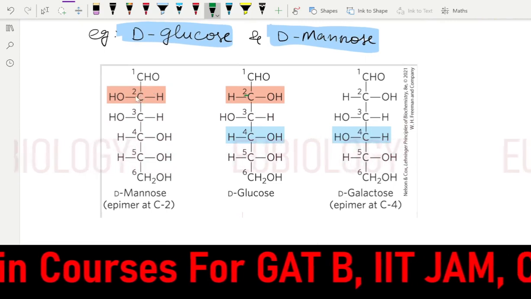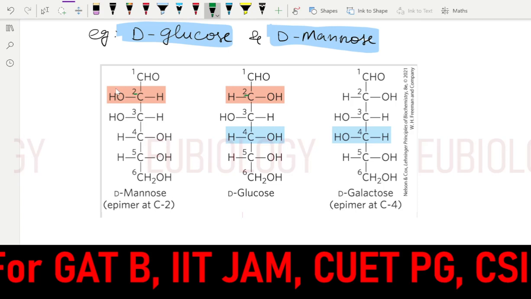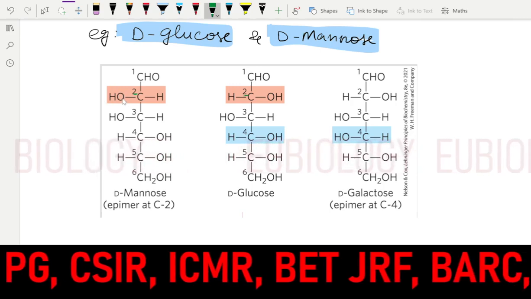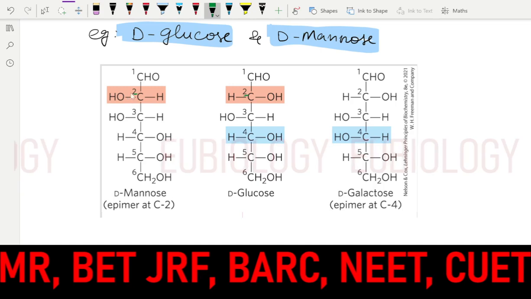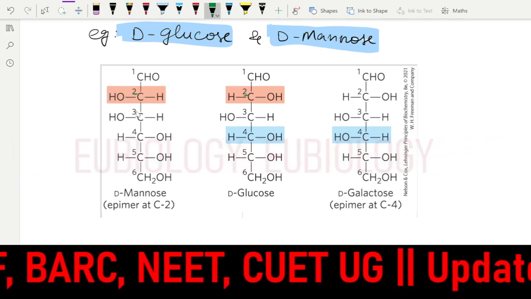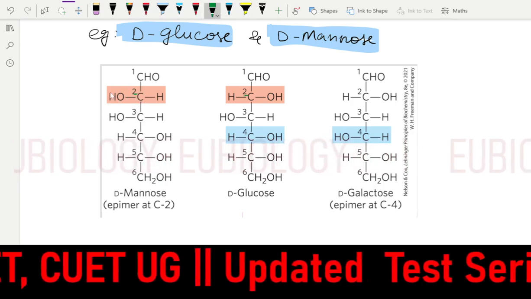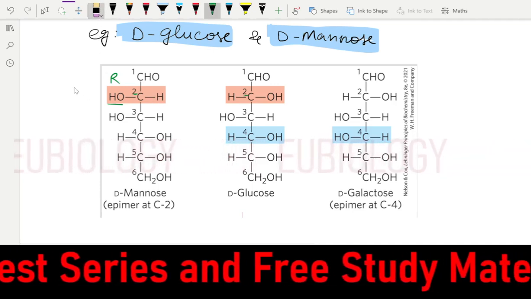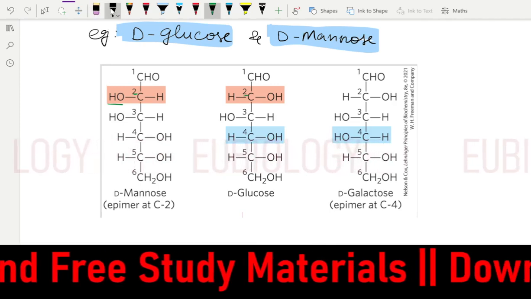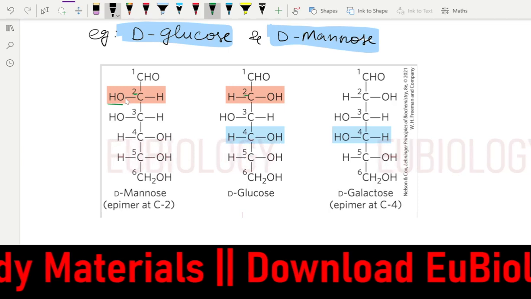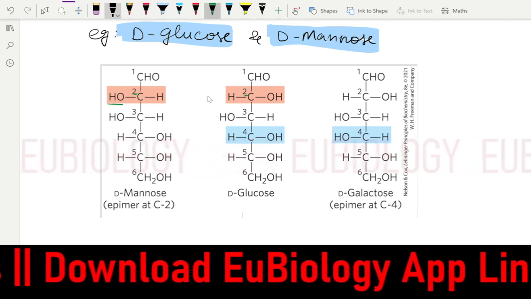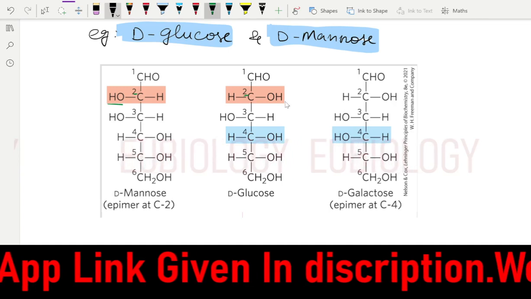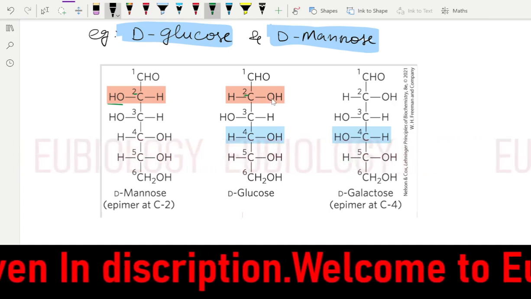You don't have to imagine according to your view; you have to see the OH from the compound side. If you stand in the center of this, that OH will be on the right side. From your side, the OH will be on the left side, and here you will find the OH on the right side.